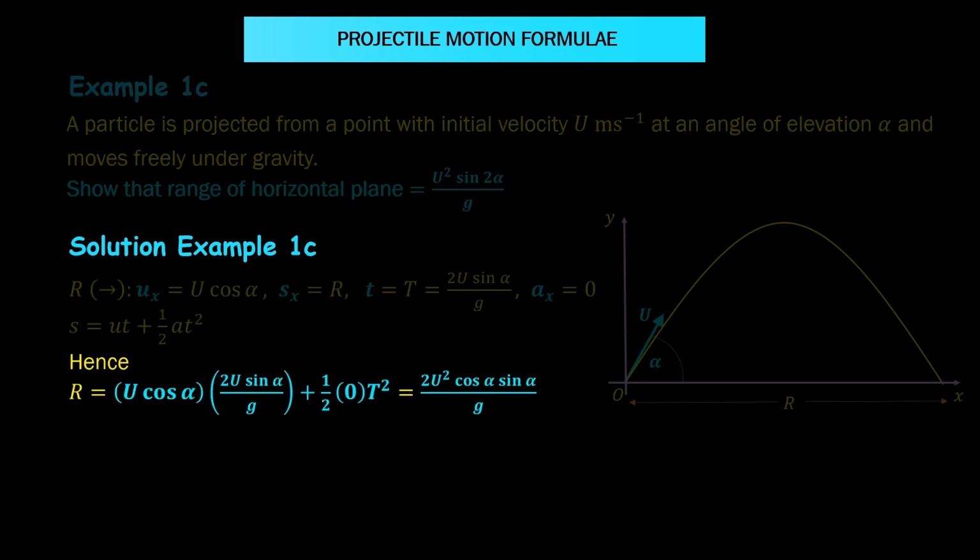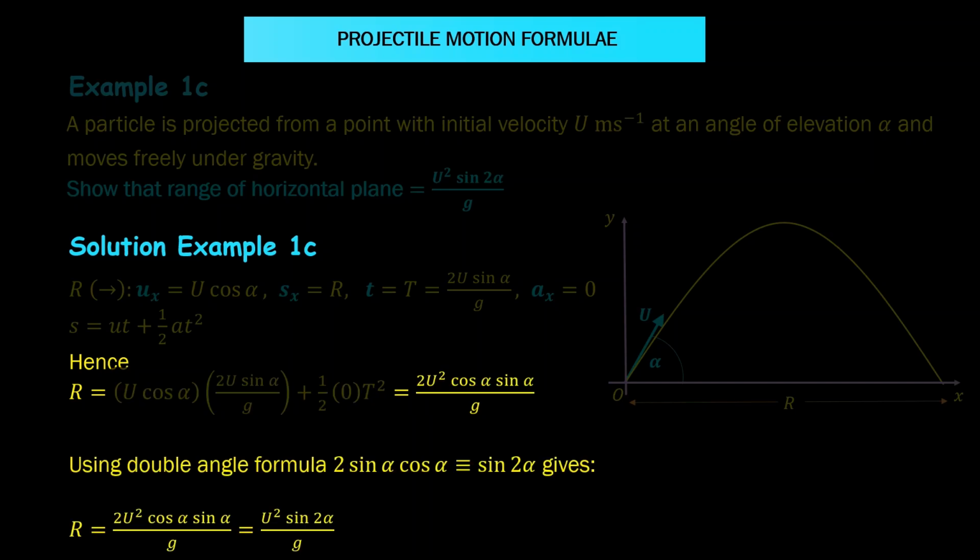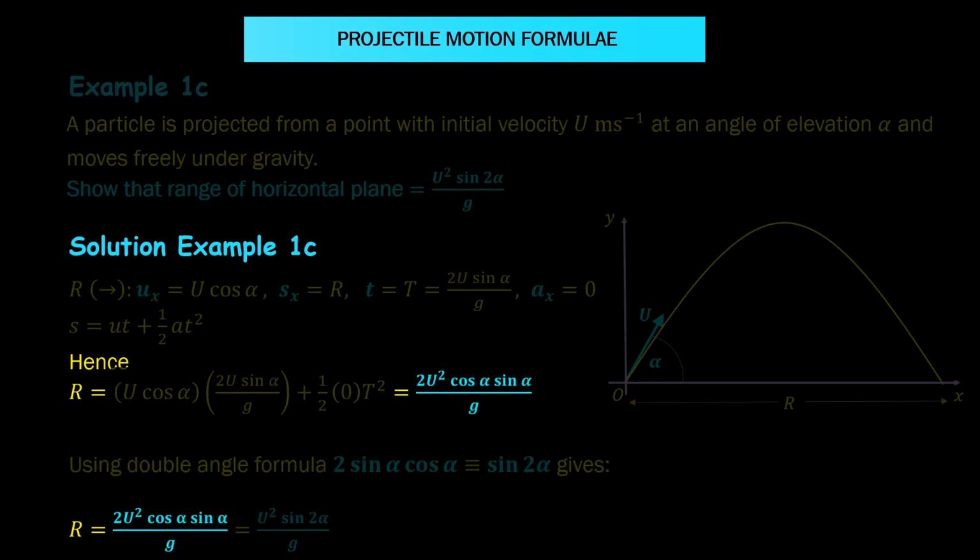And tidying up gives us this expression, 2u squared cos alpha sine alpha over g. Now we apply the double angle formula. 2 sine alpha cos alpha is identical to sine 2 alpha, to give us that r equals u squared sine 2 alpha over g, as shown here.